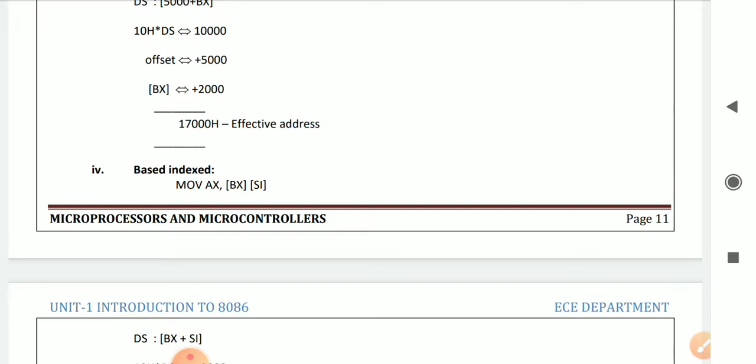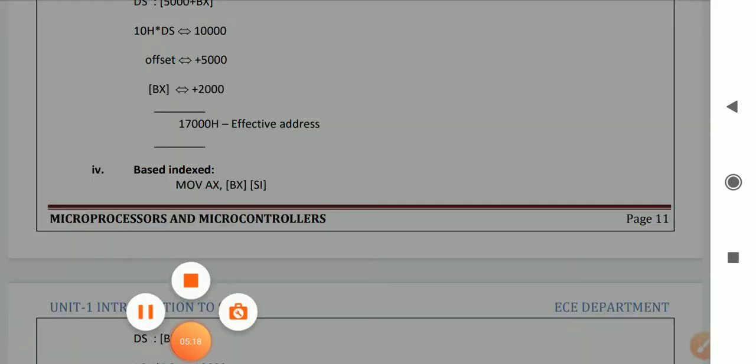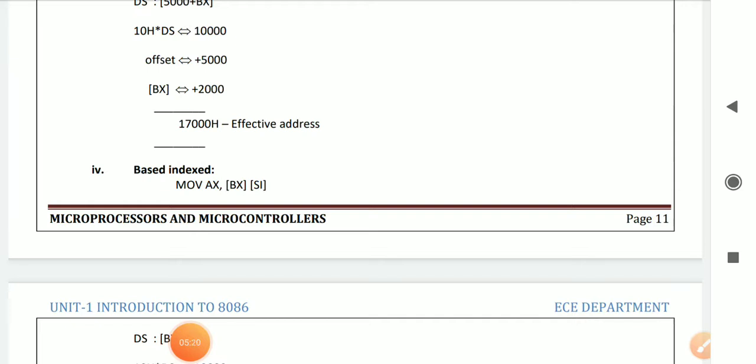For this instruction, MOV AX, [BX+SI], you may observe that in the operands there is the base register BX along with an index register like the source index SI.